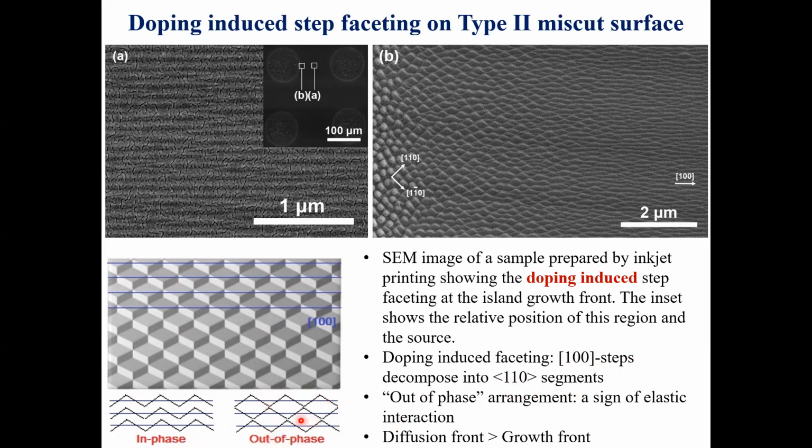It creates this out-of-phase type arrangement that you see right there. So this is interesting. This is the doping-induced faceting, and it can be a new way of creating a patterned surface on your substrate.